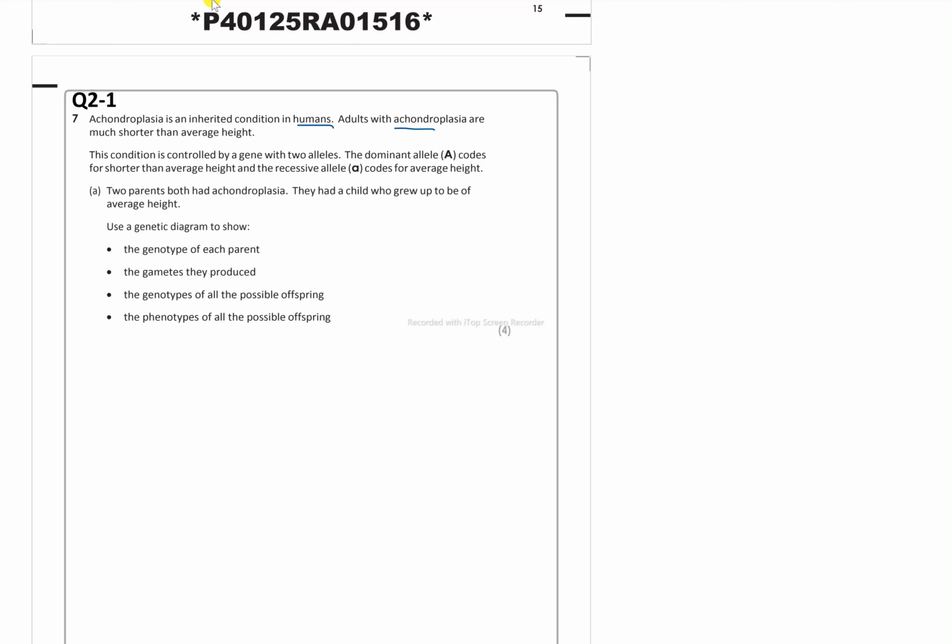This condition is controlled by a gene with two alleles, dominant A for shorter and recessive a for average. Oh okay, so it's the other way around. So A is short and a is, yeah, they've used the word average.